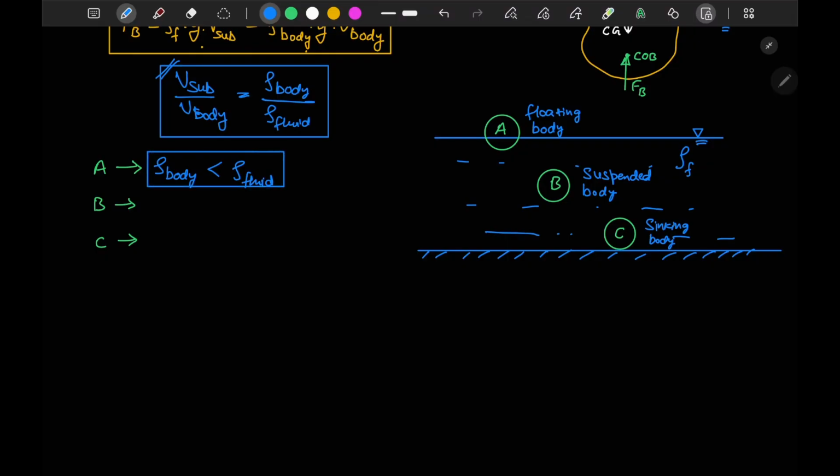Okay, if the density of body is equal to the density of fluid, then what will happen? Your body will be a suspended body, because buoyant force and weight are equal. Your body will be suspended somewhere in between in the liquid.